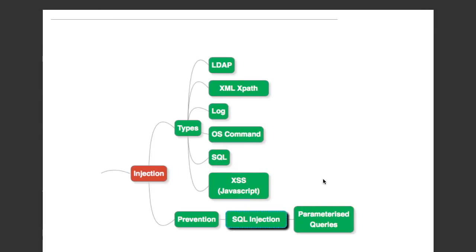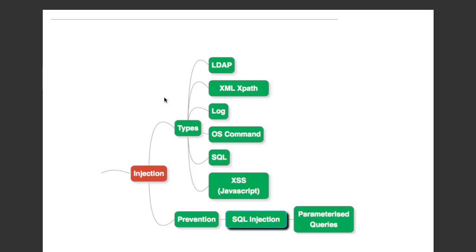So what we are looking at is one of the possible types of injections, which is called SQL injection. The fact of the matter is SQL is only one of the types of injections. There are a wide variety of other things that can be part of your injection attack: your LDAP, your XML XPaths. Whatever input from the user, if you are making it part of the XPath for an XML, then it can be abused as well.